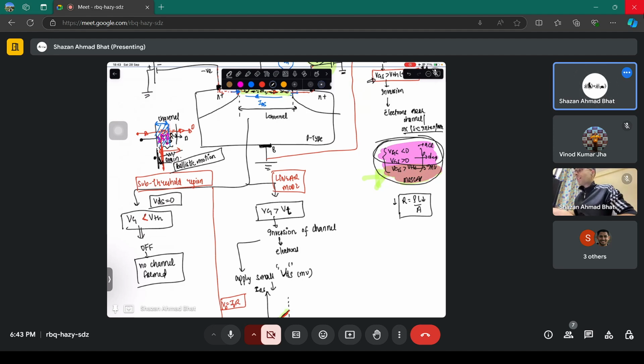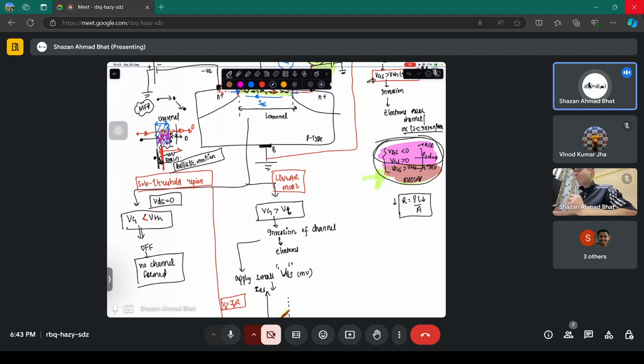Ballistic means the distance or the length of the channel is much shorter than the mean free path. Mean free path is the distance between two collisions of the electrons. Let's say this is an electron, and this is an electron. If the electron collides with this, it gets randomized to this particular direction.